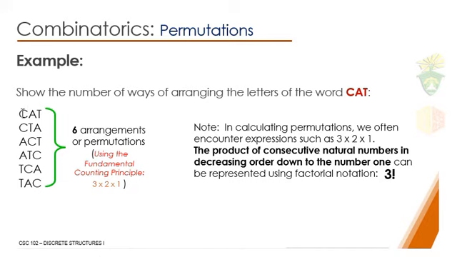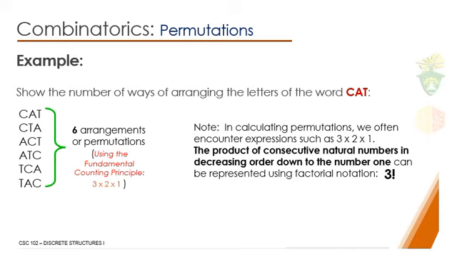Once the first character is chosen, for the second character you only have the remaining two characters to choose from. So if C was chosen for the first character, the options for the second character are only A and T, so that's 2. The last character is the one that was left, the one not yet placed in a slot. So it's 3 times 2 times 1.